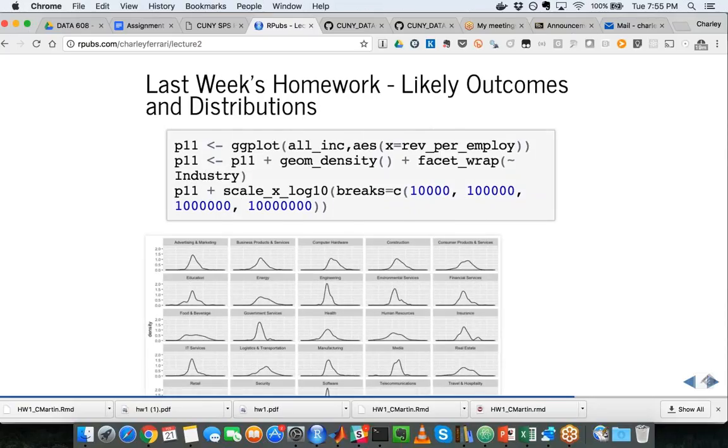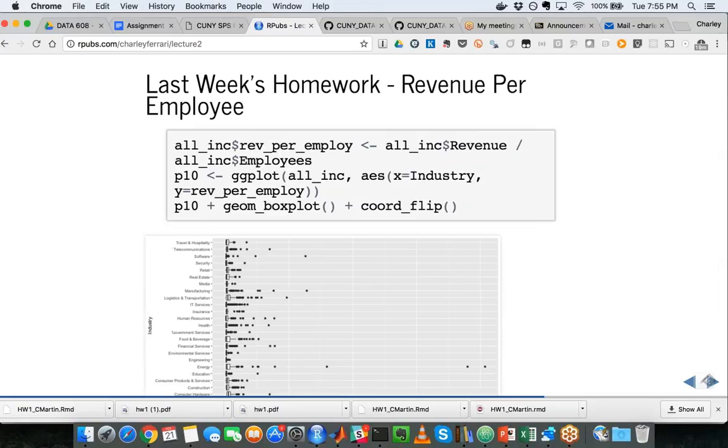So revenue per employee. And this is just another way of looking at these sorts of distributions. So this is using the principle of small multiples, where we're looking at each industry and we're getting a kernel estimate of the distribution.